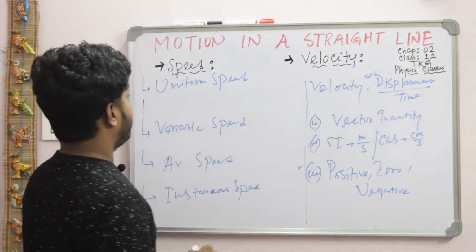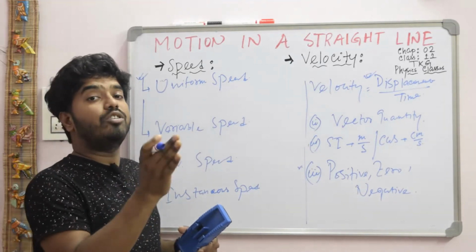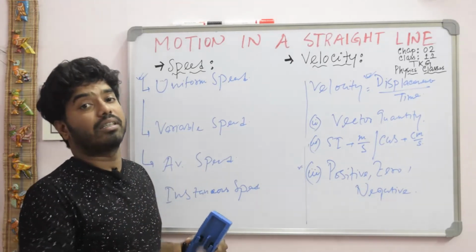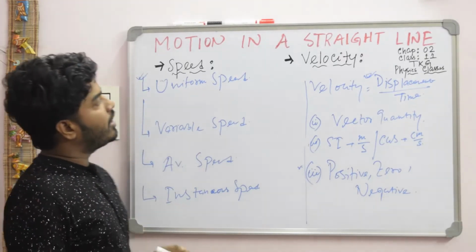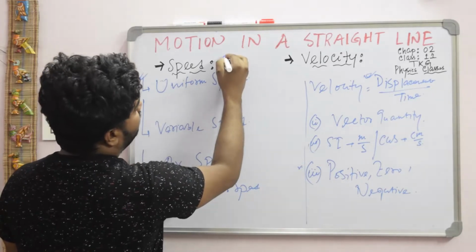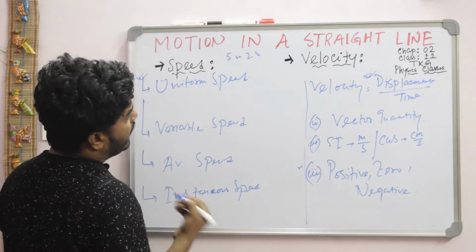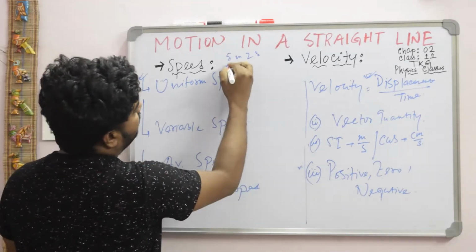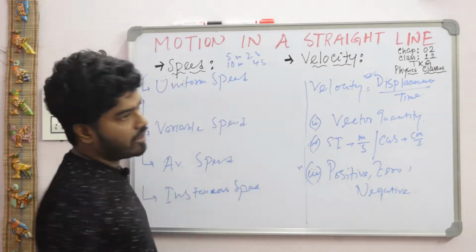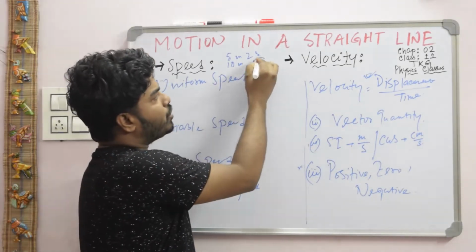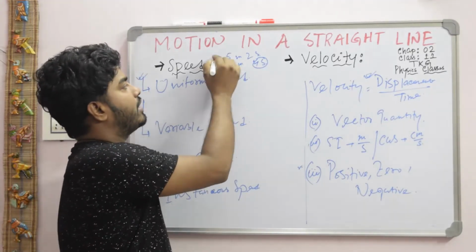Let's define uniform speed. What is uniform speed? A body is said to be in uniform speed when it covers equal distance in equal intervals of time. Suppose a body covers 5 meter in 2 seconds, and after 4 seconds the distance covered by the body is 10 meter. So in the next 2 seconds, how much distance does the body cover? That is 10 minus 5, equal to 5.